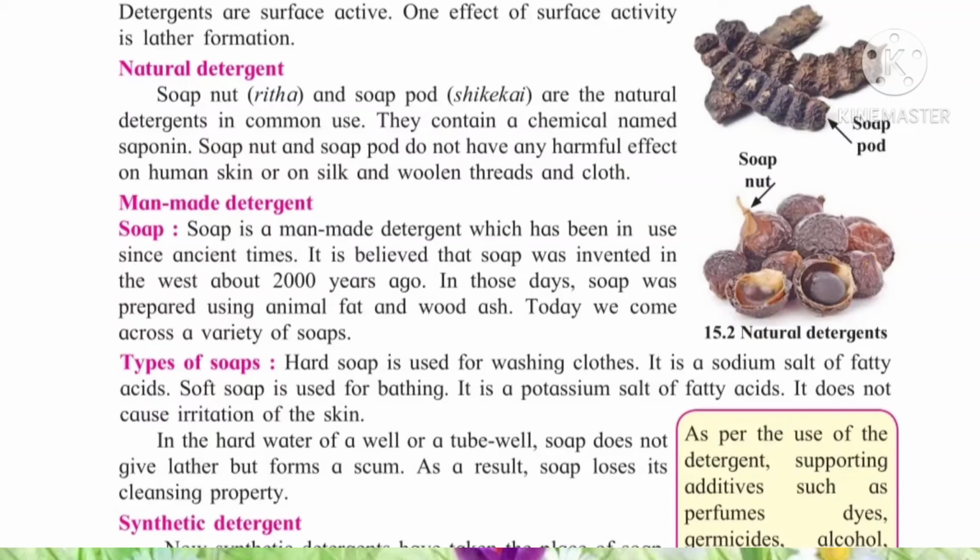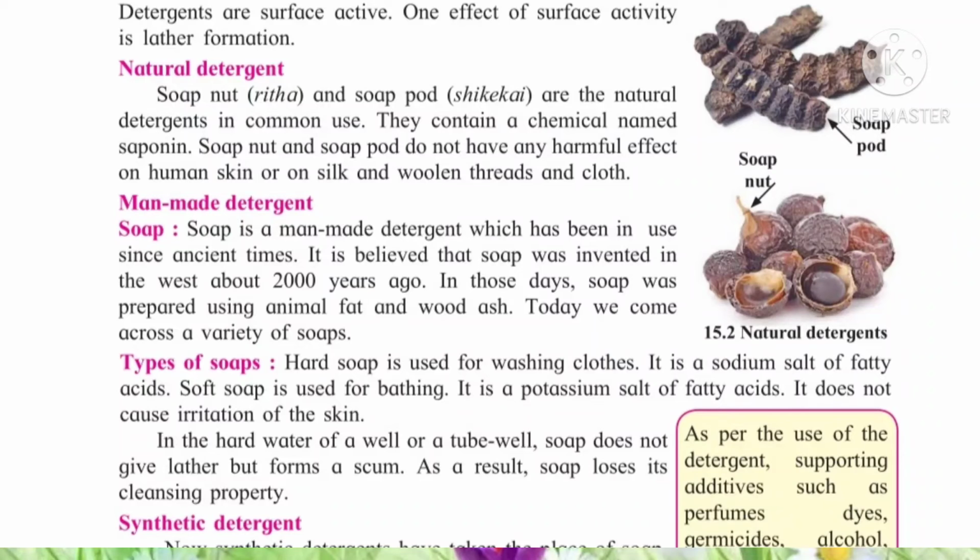They contain a chemical named saponin. Soap nut and soap pod do not have any harmful effect on human skin or on silk and woolen threads and cloth. So they do not have any side effect. Yes, so this is about the natural detergent.